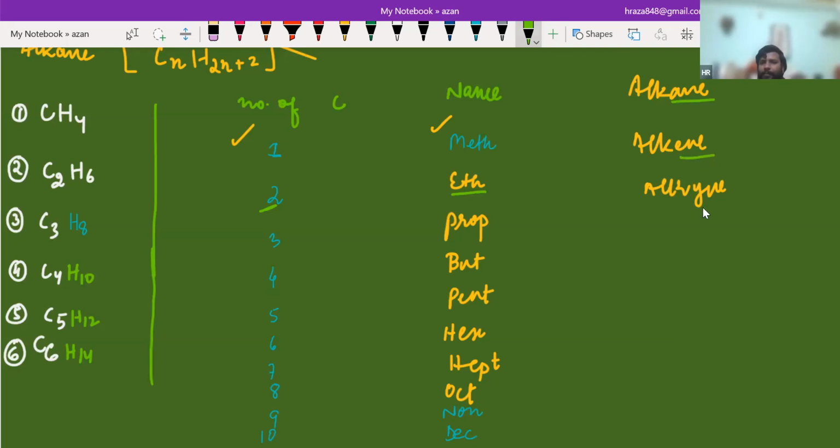If it is triple, that means ethyne. So how are we going to recognize it? We can look at the formula, or we can write the structure, whether it is a single bond, double bond, or triple bond, from where you can easily say that it is ane, ene, or yne, depending upon the nature of the bond. Is that clear? Please do write it.